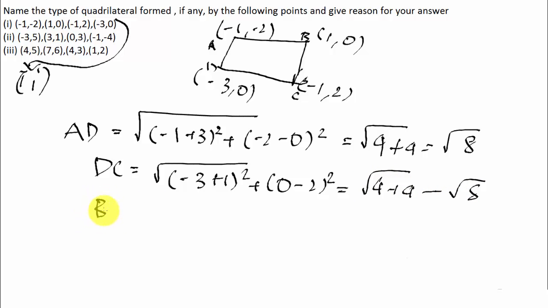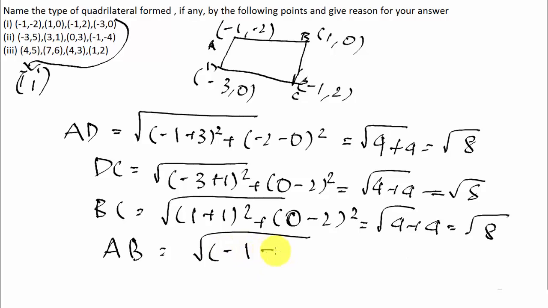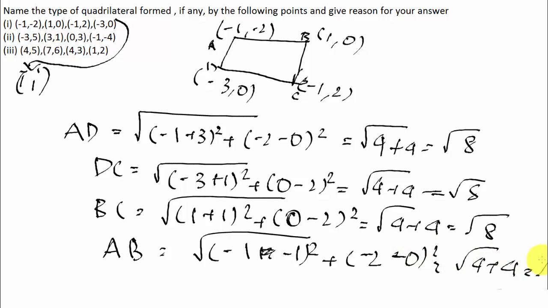BC is equal to 1 plus 1 whole square plus 0 minus 2 whole square, equal to 4 plus 4, which is root 8. Now AB is also equal to the square root of minus 1 whole square plus minus 2 minus 0 whole square, which is 4 plus 4, equal to root 8.